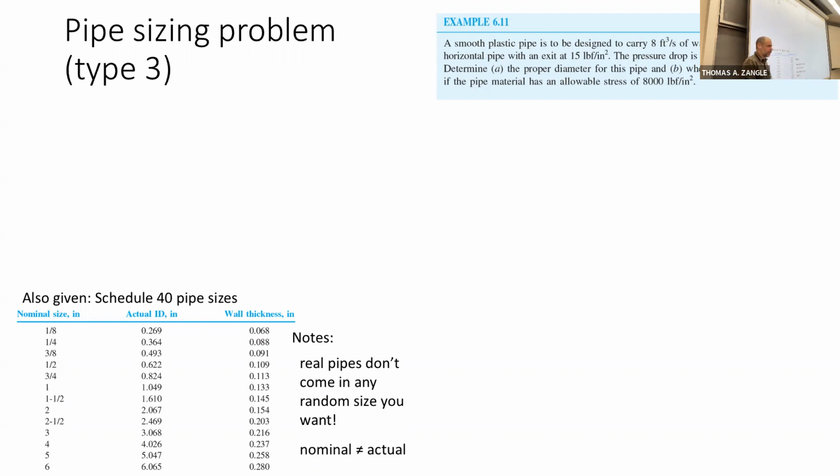In this case, our answer was that we wanted something of about half a foot or 6 inches as our pipe diameter. And the closest that we're going to get was this nominal 6-inch diameter pipe, which actually has an internal diameter of 6.065 inches. Okay. So that was one wrinkle here.